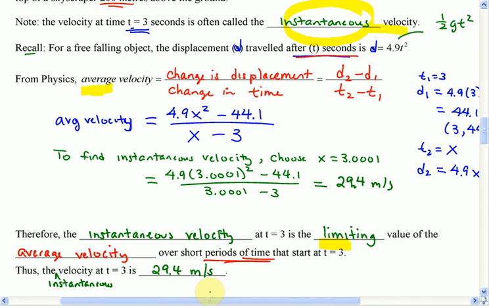Meters per second, not kilometers per hour. That's fast. Okay, ladies and gentlemen, this is an intro to calculus. What I'd like you to do next is try example number 4 right now, and then after you've done that, please work on the questions in the back.